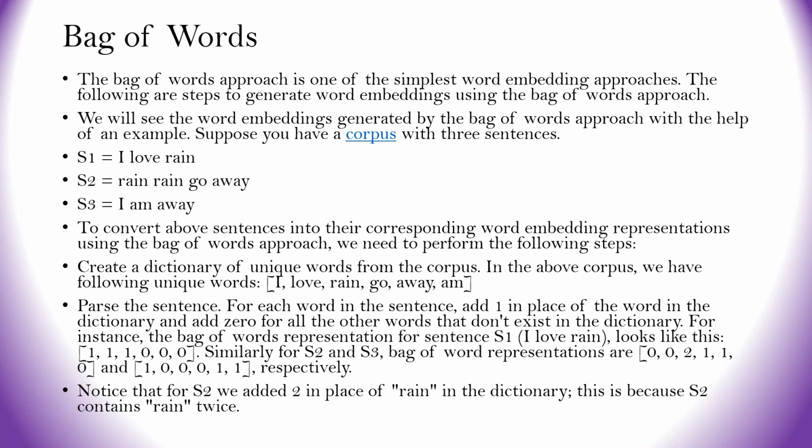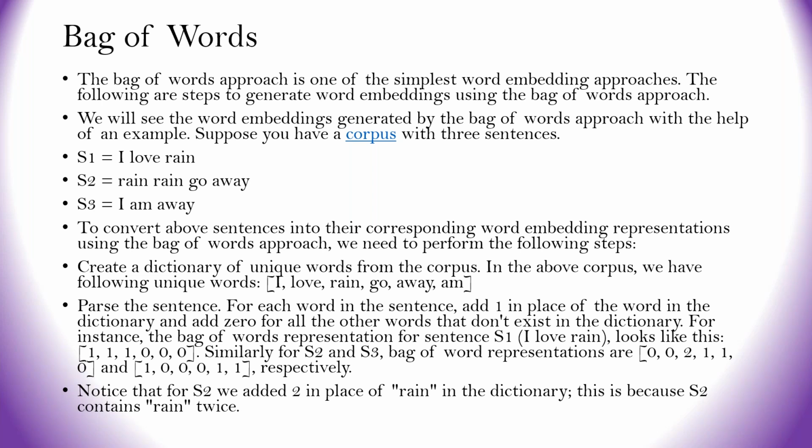If you look at sentence 3, rain is appearing twice. The frequency for rain is going to be represented as 2 in bag of words, and then all other words according to their frequency, 0 if it is not there, 1 if it is there. And the third sentence is also going to be done in a similar way. So this is a very simple approach which follows the words in the document as well as their frequency and count.